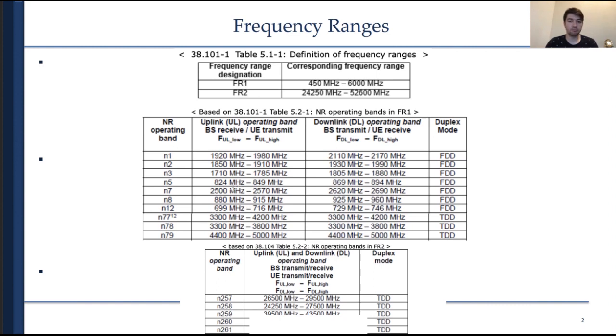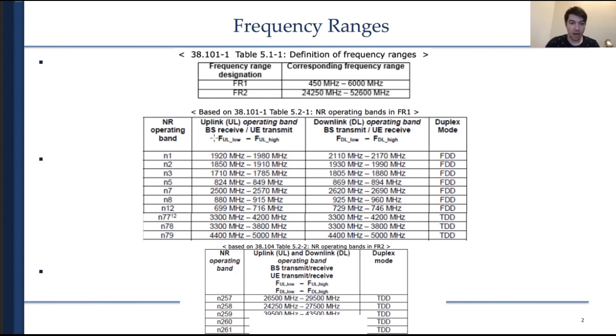So for each frequency range, we have different bands. You can see two tables, table 521 and table 522, and those are exactly the operating bands. You can see N1 is 1920 to 1980, N2 is 1850 to 1910, and so on and so on.